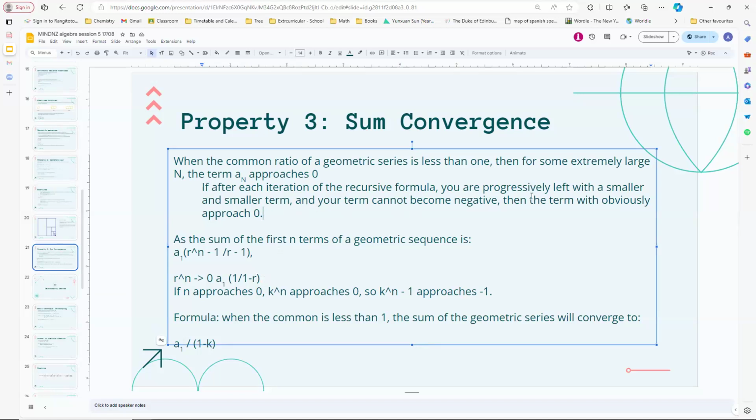I don't think that's necessarily true, because just because it gets smaller doesn't mean it approaches zero. Maybe I have a sequence like 0.999, then 0.998, then 0.9979, then 0.99978, getting smaller every time, but it doesn't necessarily approach zero. Because we're dealing over the reals, it could taper off and approach something like 0.9.